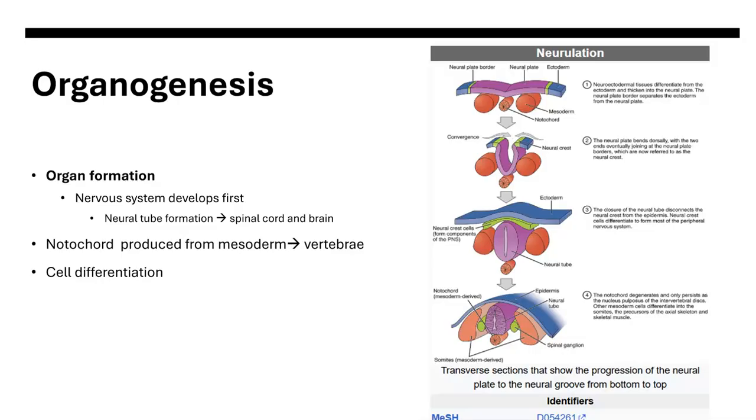And we've already talked about the organ systems that are derived from each of those different tissue layers. So what I want to mention on this slide is the very first organ system to develop, which is the nervous system. This happens in early organogenesis, and we said the nervous system develops from the ectoderm.